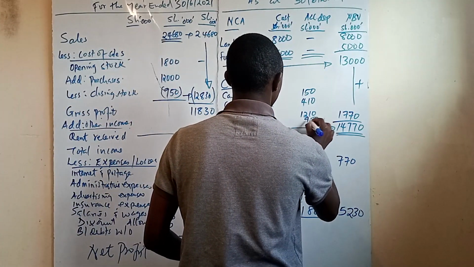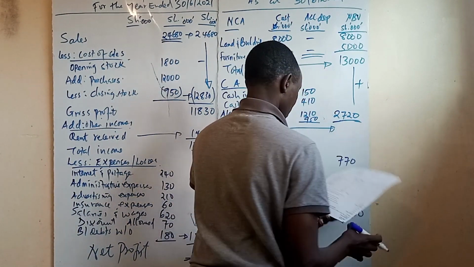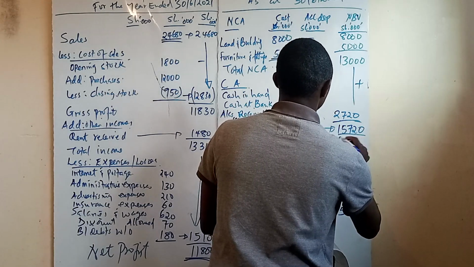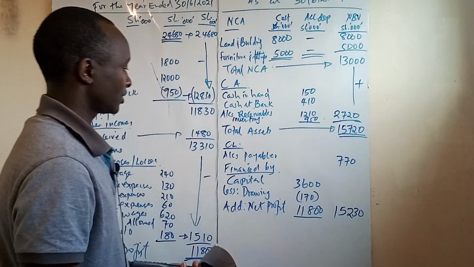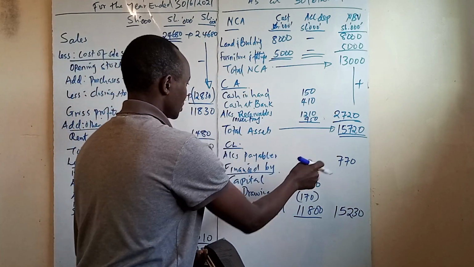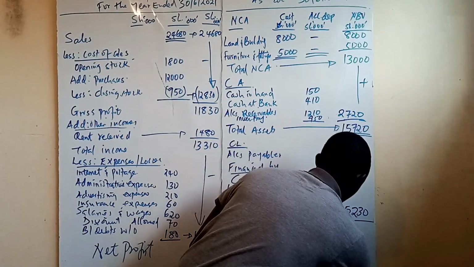So you add 950 here. So our total assets will be 15,720. And then we have our account payables, that one, and the financed by. So I want us to add these, 16,000.